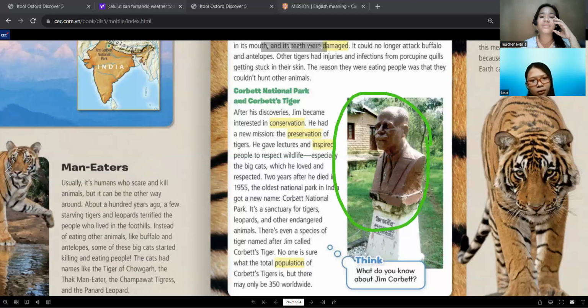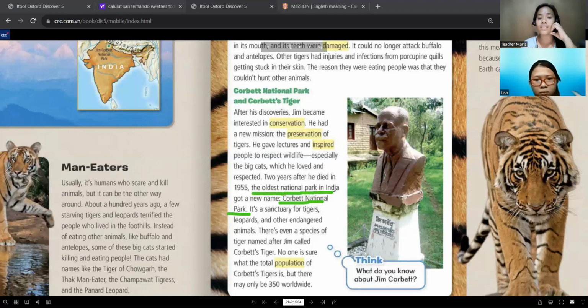Yes, Corbett. Now they call the park Corbett National Park. This one, Corbett National Park, is the oldest national park in India.